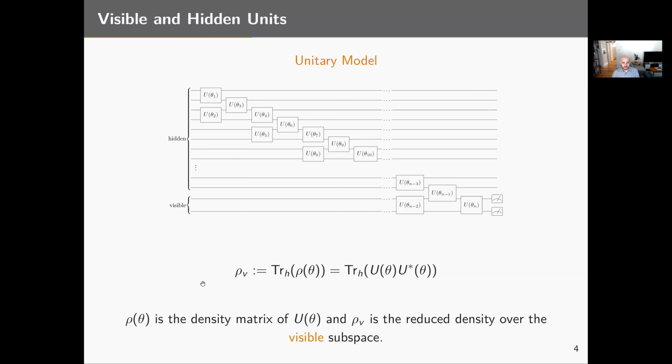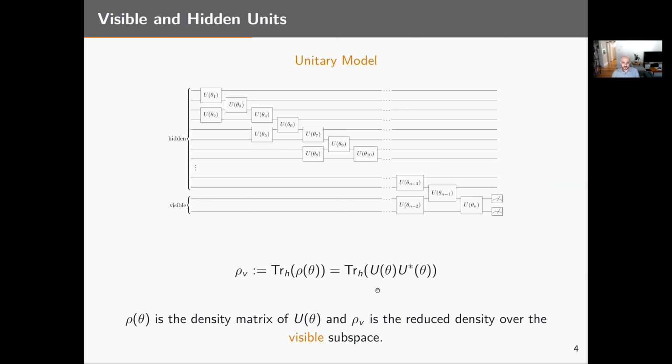Formally, one way of writing this mathematically, or getting a better understanding of what the actual output of this circuit is, is by writing down the reduced density matrix, which we're going to denote by rho_v. That is just what happens when we trace out the hidden subsystem, or the hidden qubits that we're not going to be using, of our underlying model.